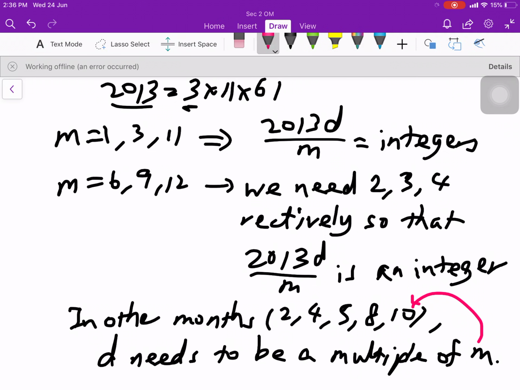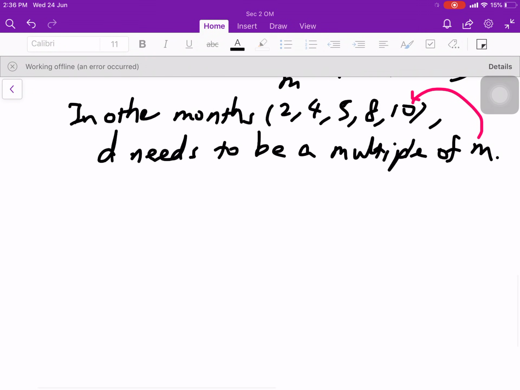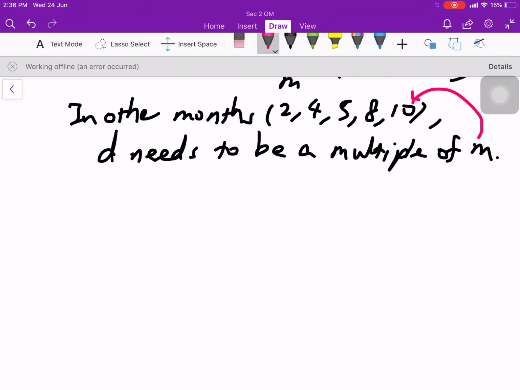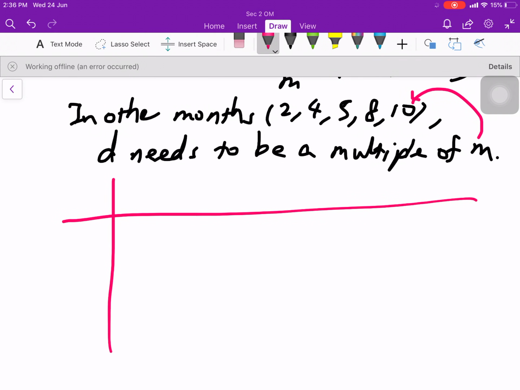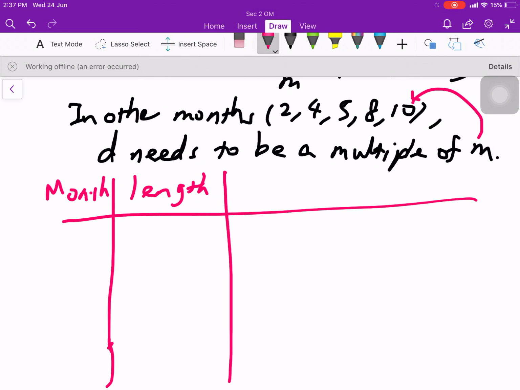Therefore, now we can do a listing. I think this is a very long question in a sense, but also quite easy if you think about it carefully. Therefore, let's look at the month, and then let's look at the length of the day, then the integer days.